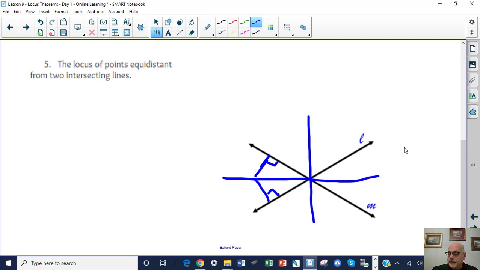Next, the set of all points equidistant from 2 fixed points. That's the perpendicular bisector of the line segment that joins those points. And the last type of locus is the set of all points equidistant from 2 intersecting lines, and that is the angle bisectors of those 4 angles that are formed when those 2 lines intersect.